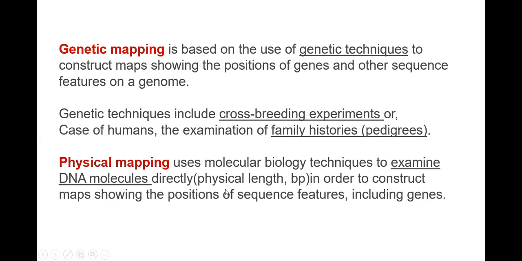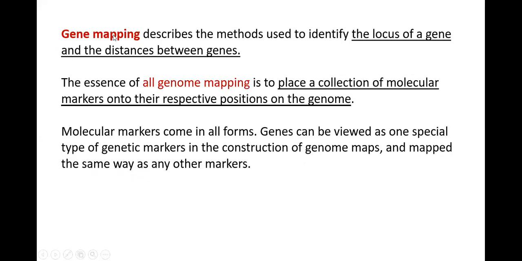Physical mapping uses molecular biology techniques directly. You go in vitro, examine the DNA molecules in terms of physical length, in terms of base pairs, the ATGCs, what they constitute, and then order them through assembly using genome assembly software. That's physical mapping.